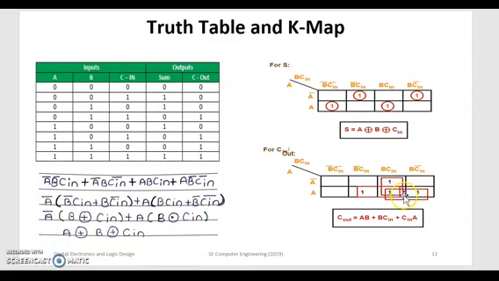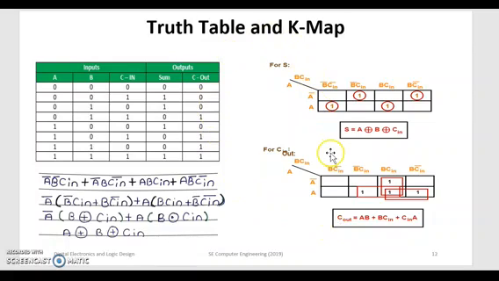And for this one we will have a b c in and a b c in bar, so c in and c in bar will get cancelled, you will have the term as ab. So for c out you have ab plus b c in plus a c in.